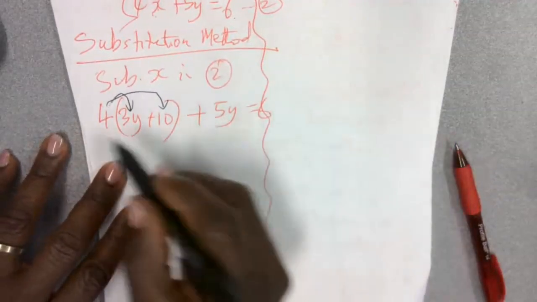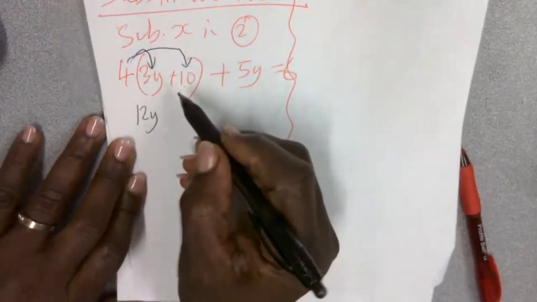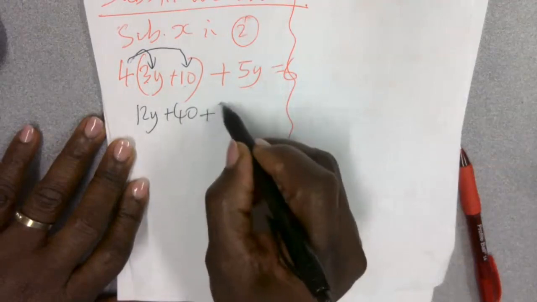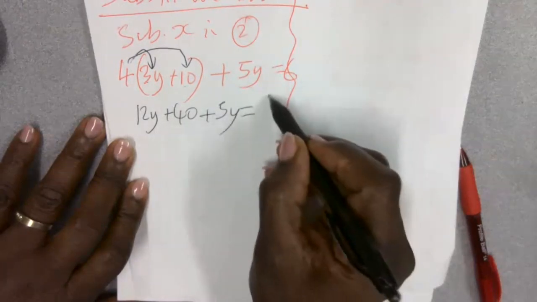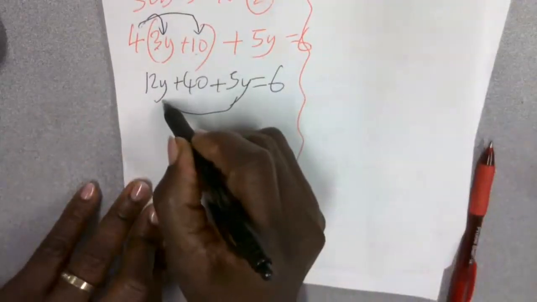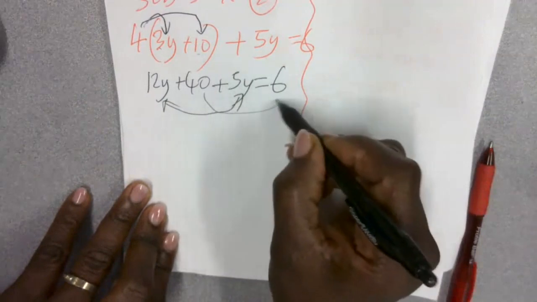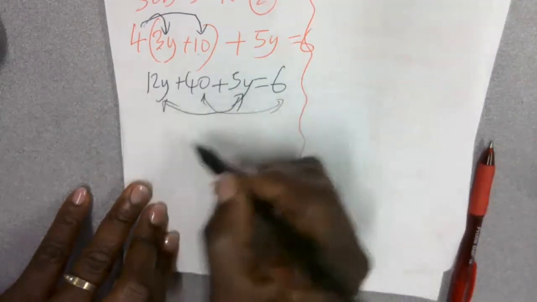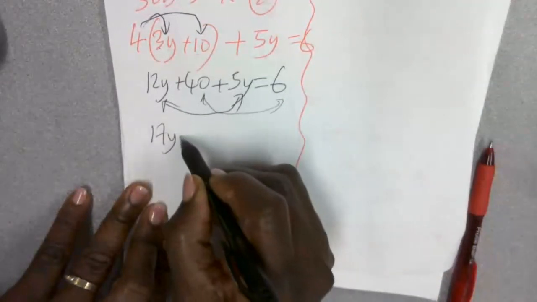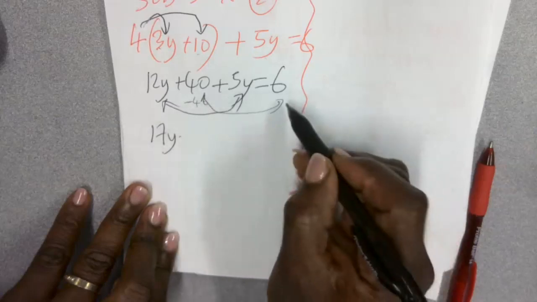And then when I distribute, 4 times 3 is 12y. 4 times 10 is 40 plus 5y is equal to 6. Collect like terms together, and 40 and 6. So I have 12 plus 5 is 17y on the left-hand side, and I subtract 40 on both sides.